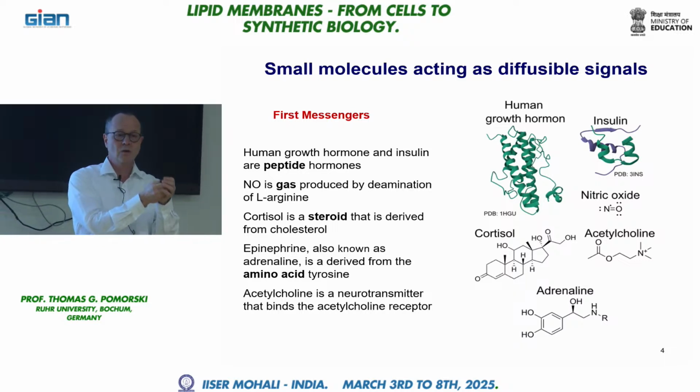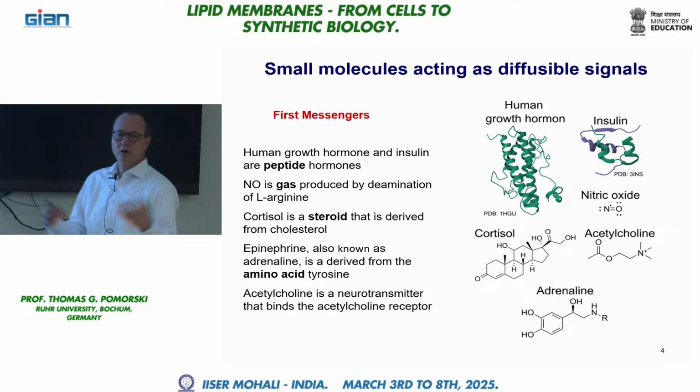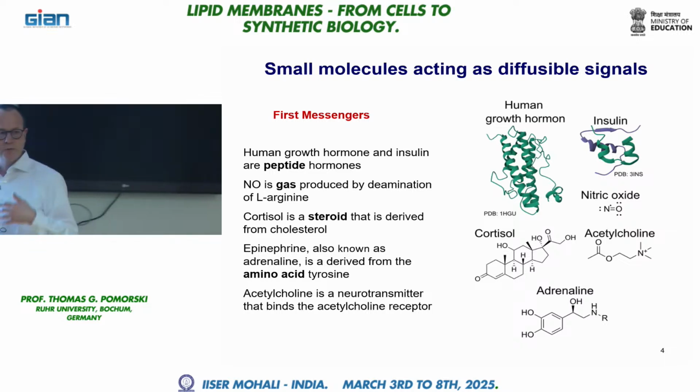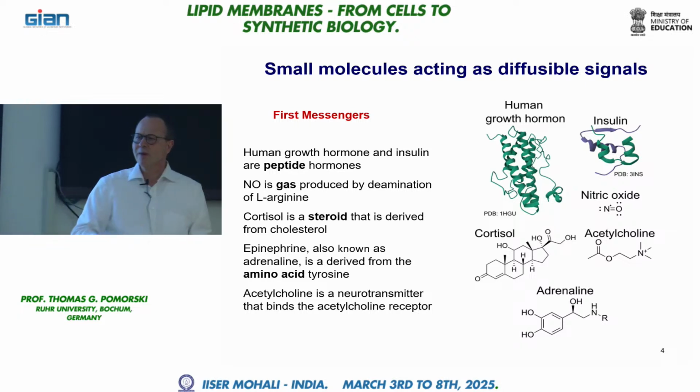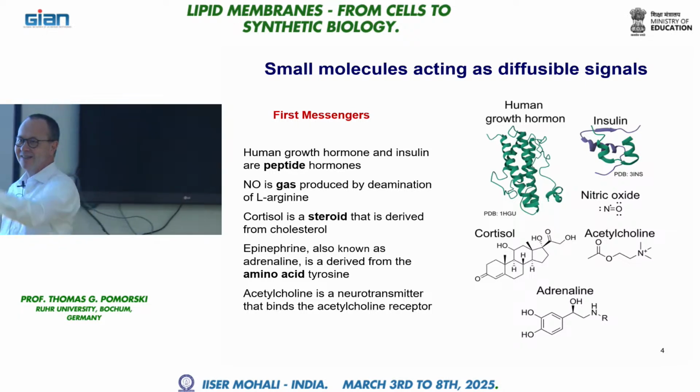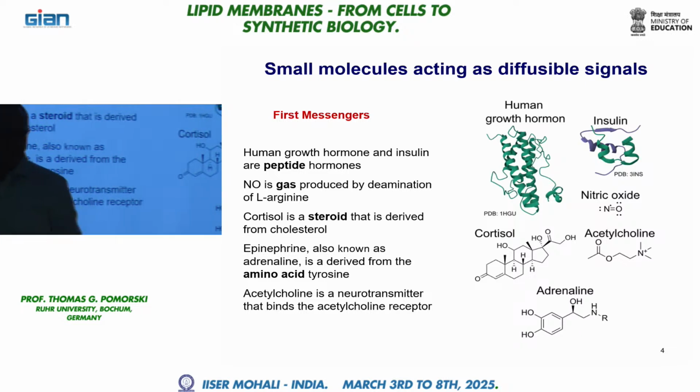That was puzzling for many, many years before people found a protein that is able to bind this gas and use it as a signal. So you have quite a diversity, and it depends on the type of cell and the type of organism. What other signals can you think about? What about bananas? I had two helpers here who were so kind as to buy some bananas for me.